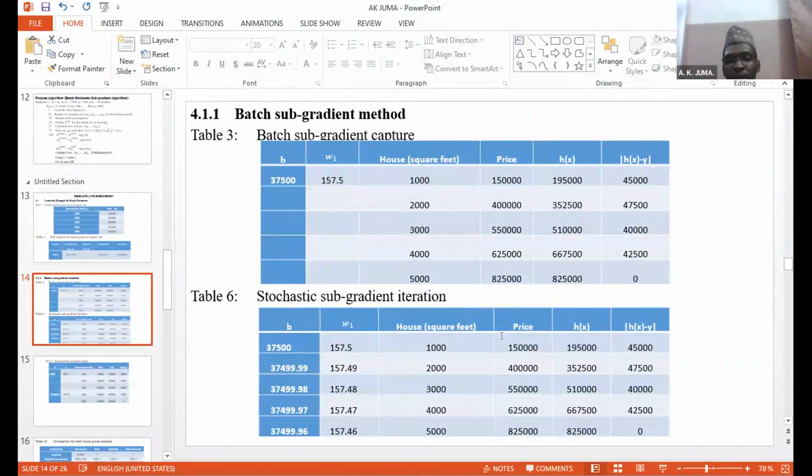So we say this is the iteration. If you observe here, I'm sorry, this is for batch, and table 3 for batch, and table 6 for stochastic subgradient. Sorry, here I make a mistake. It's for the stochastic subgradient capture.